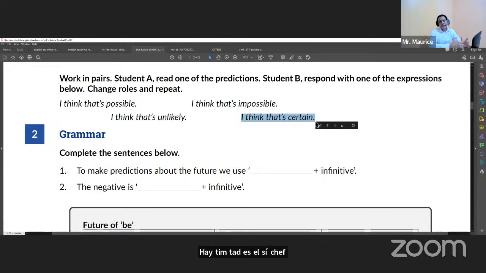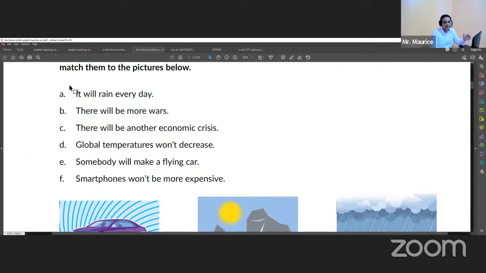So, dear students, there are some phrases like this one that we can work along with the future simple. Remember, we can combine these phrases in order to make it a little bit more natural every time we describe something in the future. In use number 1, the future simple, prediction. What is a prediction? It will rain every day.